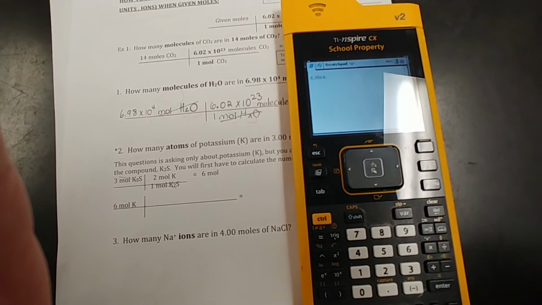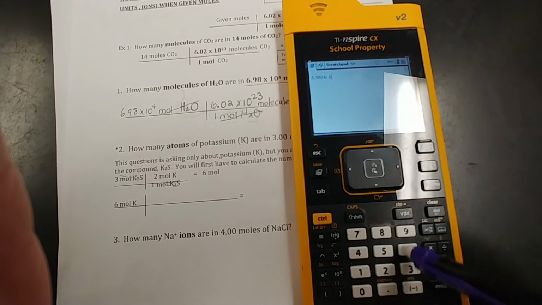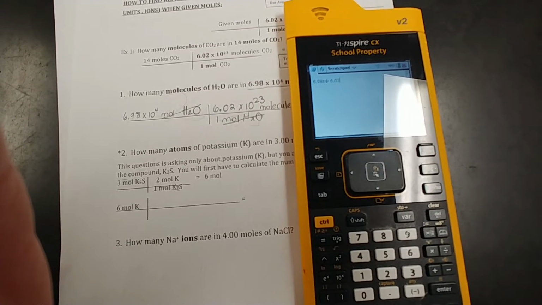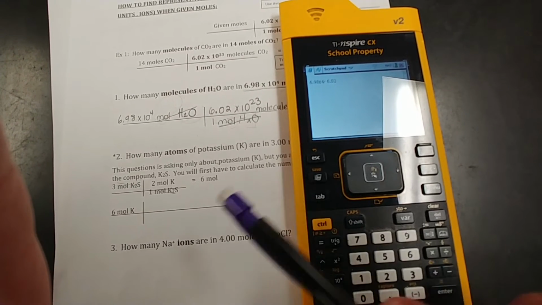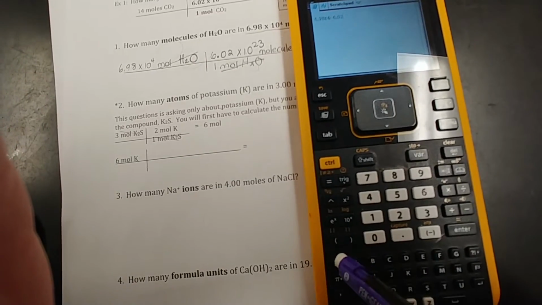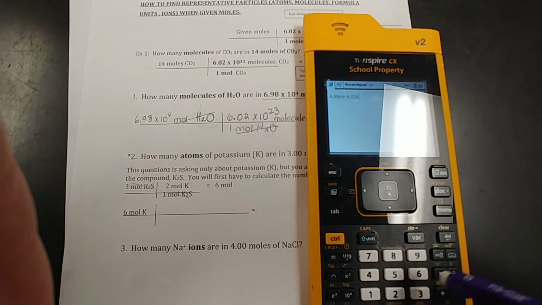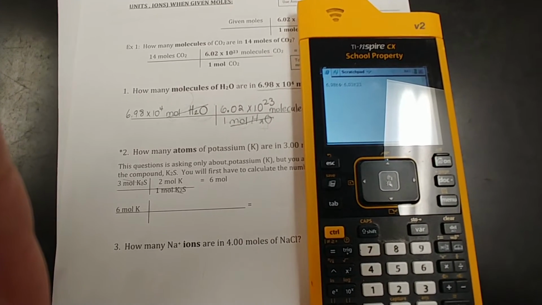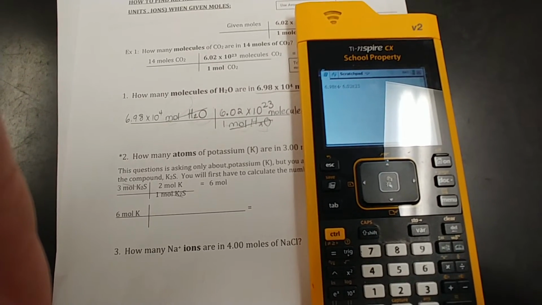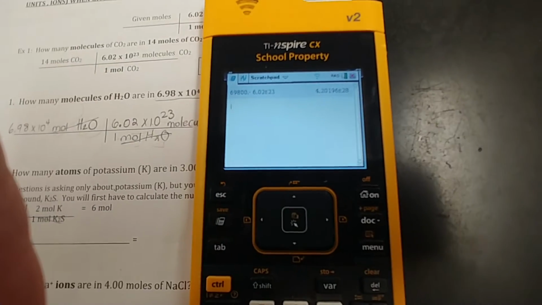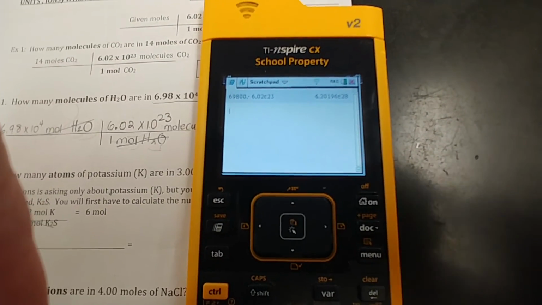So times, and then 6.02. And it's going to be exponent times 10 to the, so I'm going to press this button. Gives me an E of 23. And hit enter.